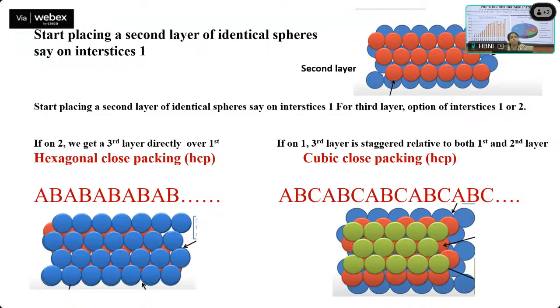Now, when I talk of arranging a third layer on top of it, this second layer also has got two types of triangular interstices, pointing upwards and pointing downward.